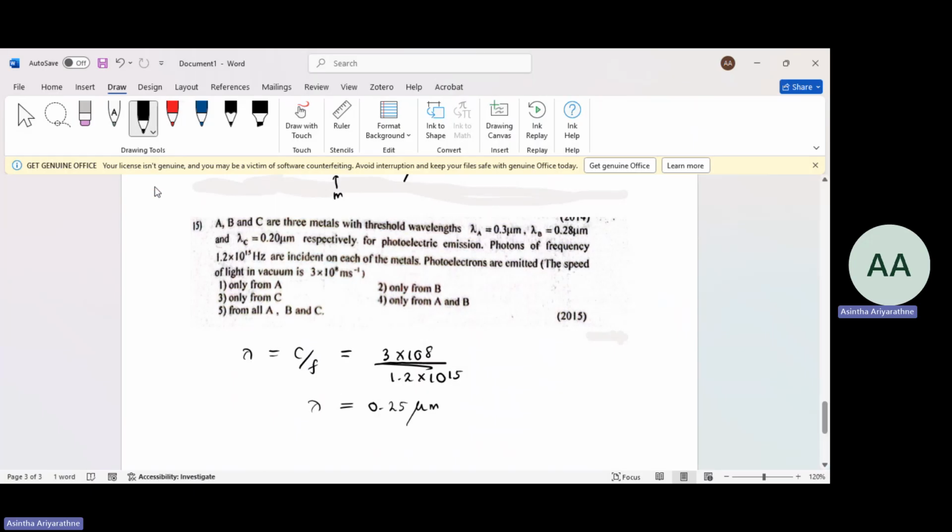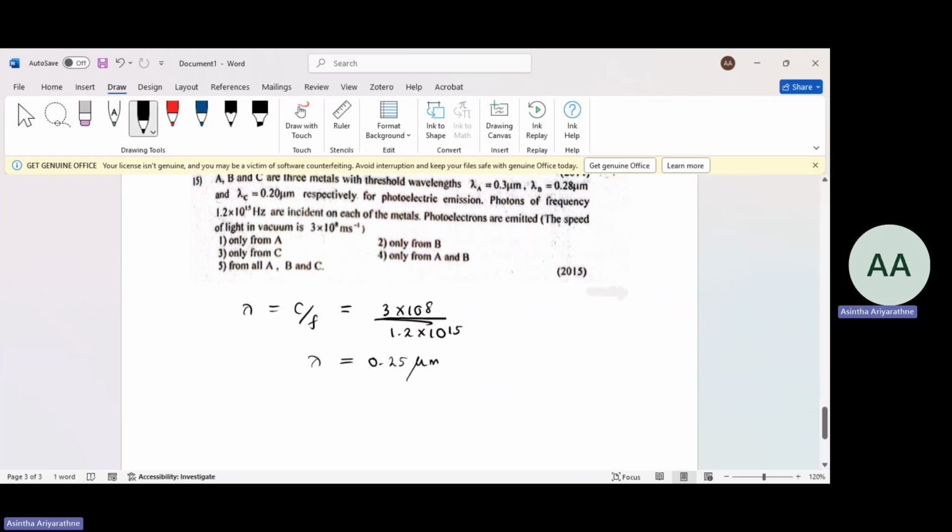So to emit electrons, lambda should be less than the threshold wavelength. The threshold frequency should be less than the frequency, and the wavelength behaves in the inverse way to the frequency.